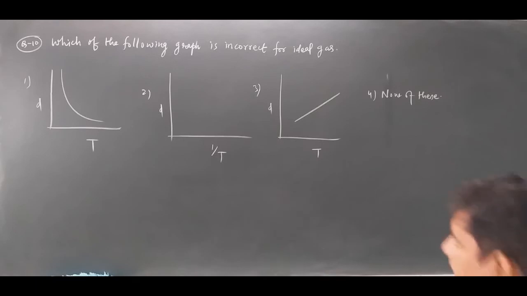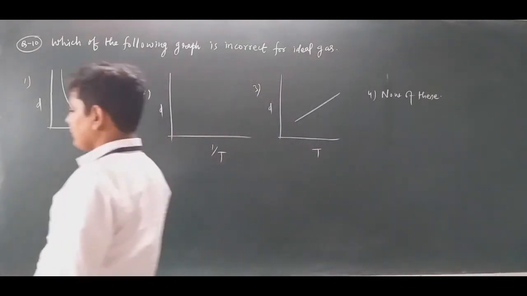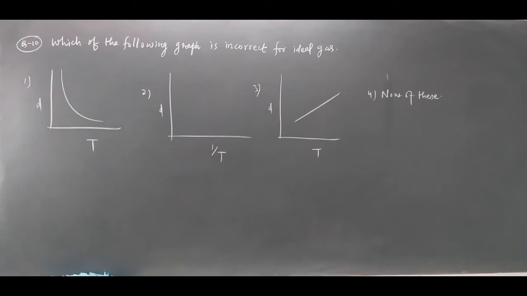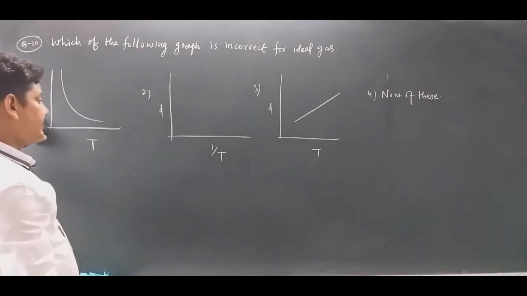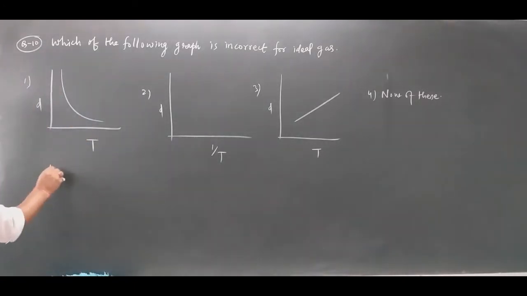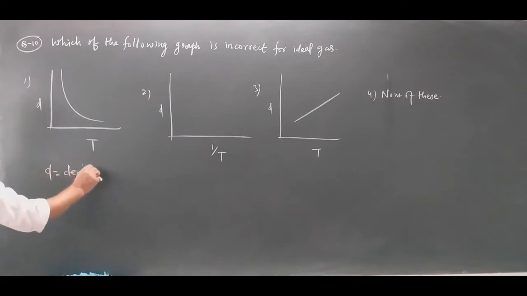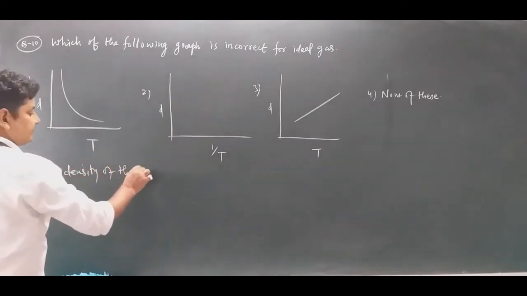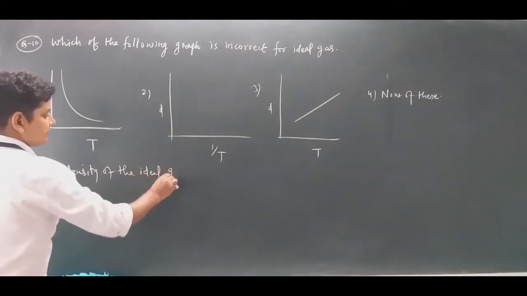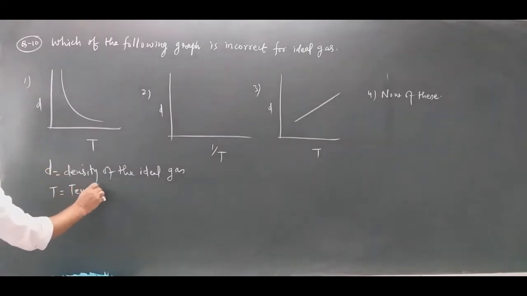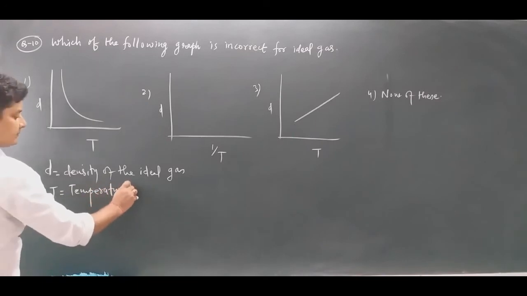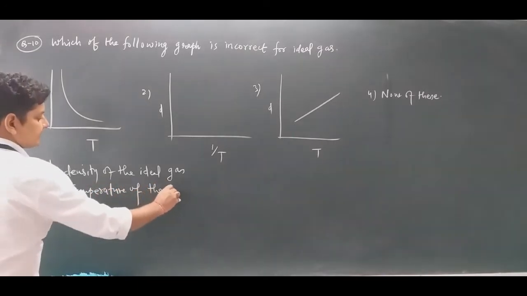So here another question is, which of the following graphs is incorrect for an ideal gas? See here, T is temperature and small d is the density of the ideal gas.